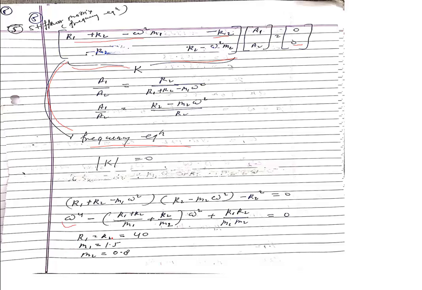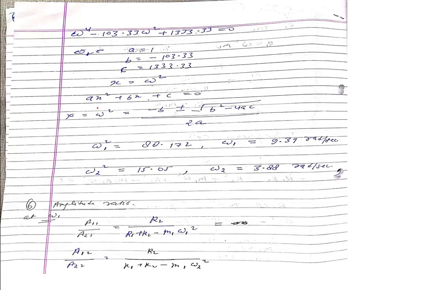Putting all the values, k1 equals k2 equals 40, m1 equals 1.5 kg and m2 equals 0.8 kg, we have the equation like this. This is a quadratic equation in omega square.